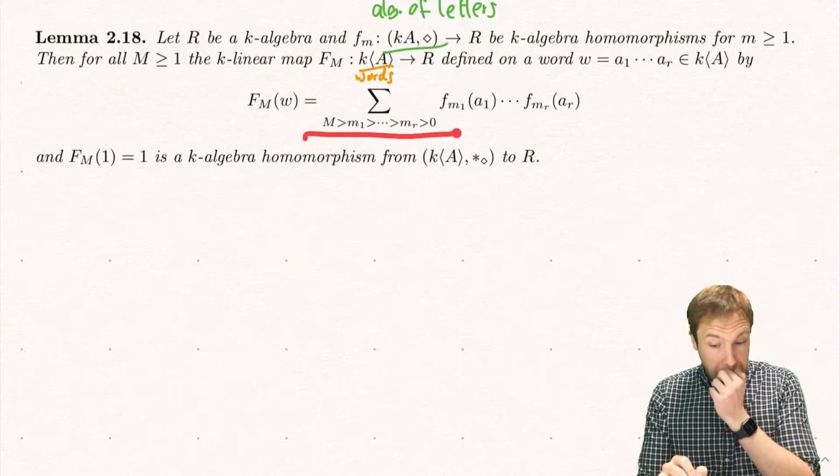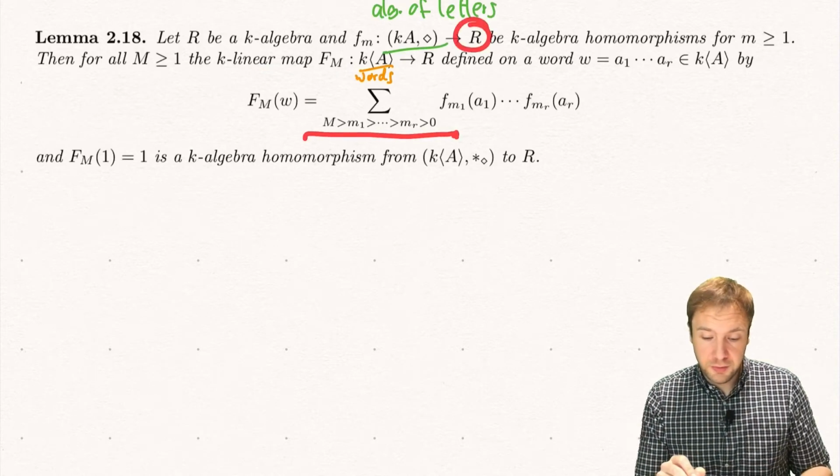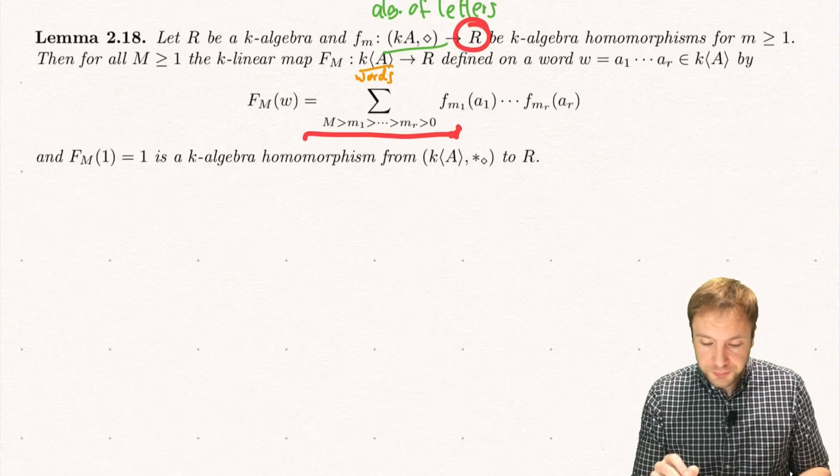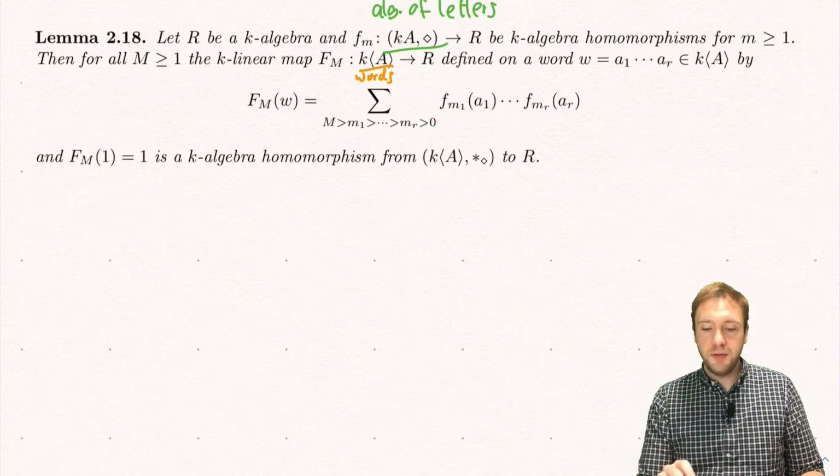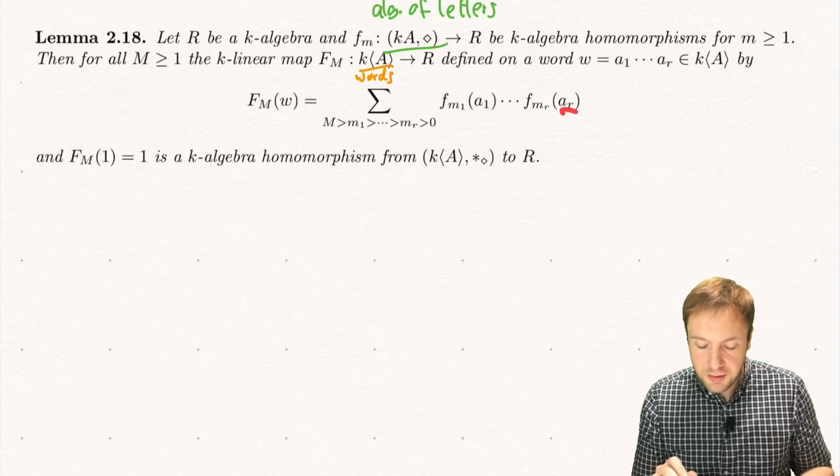This is really an element in this K-algebra R, where we apply f_{m1} to the first letter, f_{m2} to the second letter, and f_{mr} to the last letter, a_r.